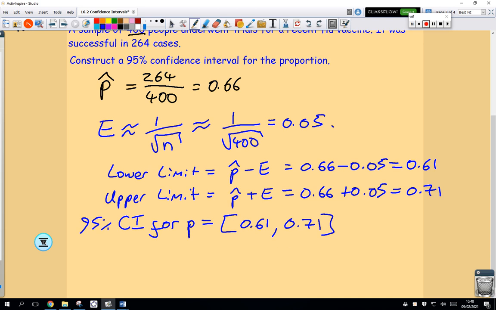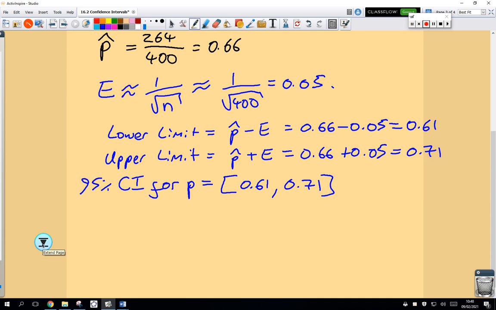Another way to write that is that we think 0.61 is going to be less than the proportion, which is going to be less than 0.71. Okay, so this is how we construct a 95% confidence interval.